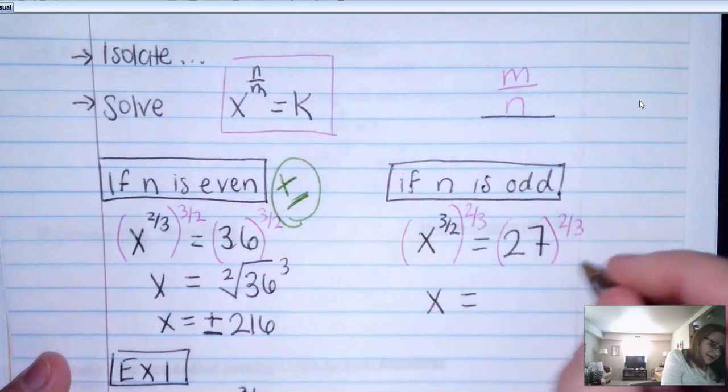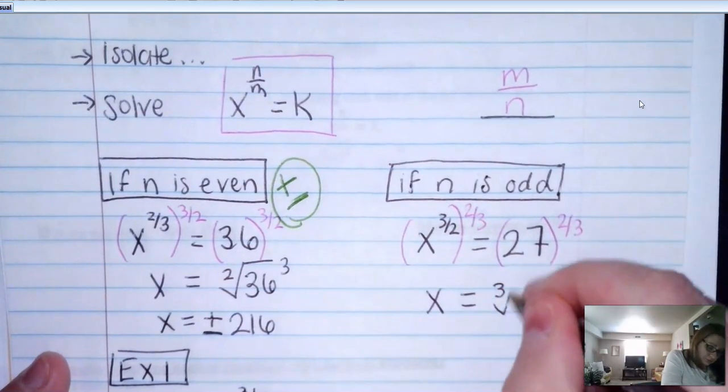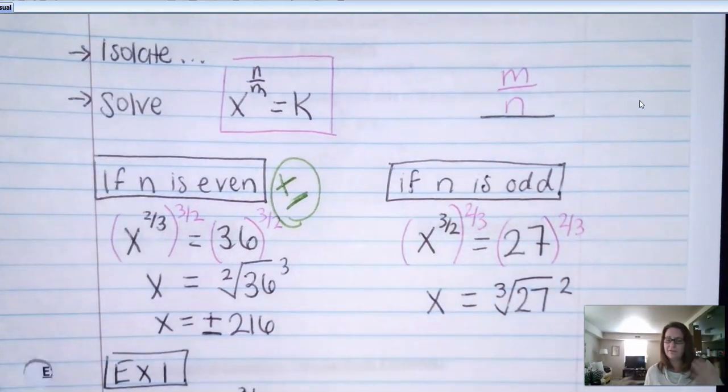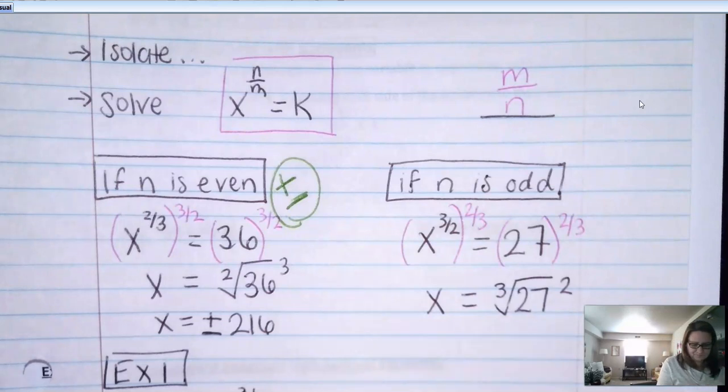Here, this is a cube root of 27, and then that would be squared. So if I'm taking a cube root or a fifth root, there's no need for a plus and minus. There's only one answer if you do an odd root. Even roots have the plus and minus, odd do not, so no plus and minus here.